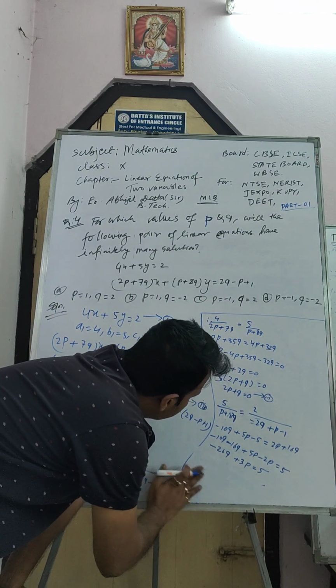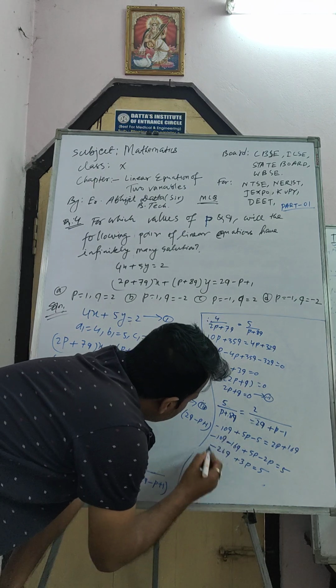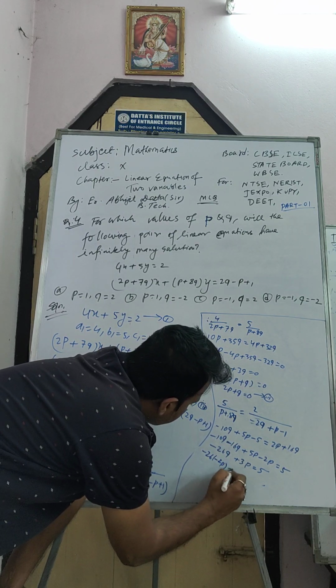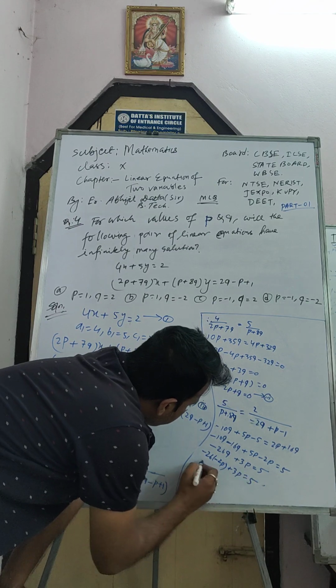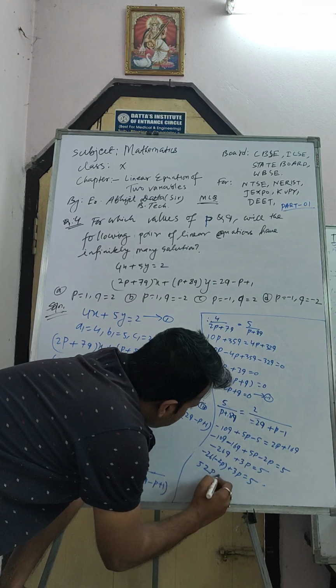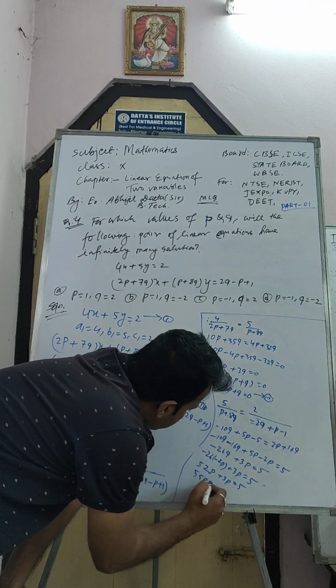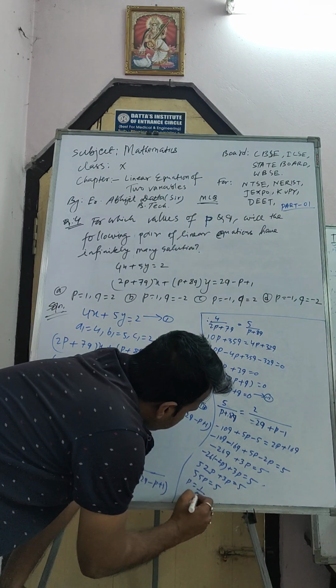We have to put the value of q here. So 26 is equal to minus 2p plus 3p equal to q. It will be 52p plus 3p equal to 5. So 55p equal to 5. So p will be 1 by 11.